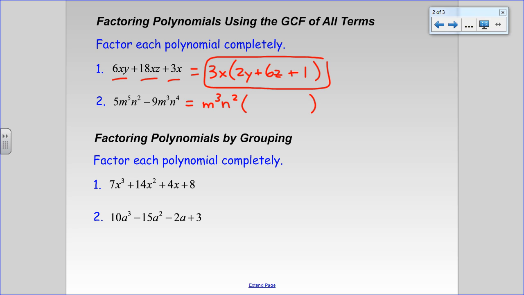So again, using the distributive rule in reverse, we can see that the first term inside the parentheses would be 5m squared. And the second term inside the parentheses would be minus 9n squared. So our factorization is m cubed n squared times the quantity 5m squared minus 9n squared.